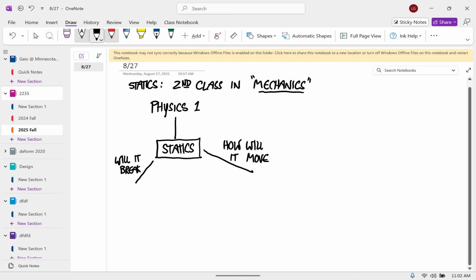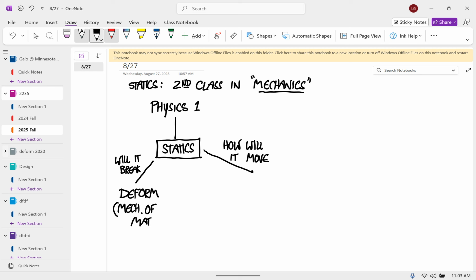In the direction of talking about failure and fracture, the first class that you'll take is deformable body mechanics. Most universities call this mechanics of materials.